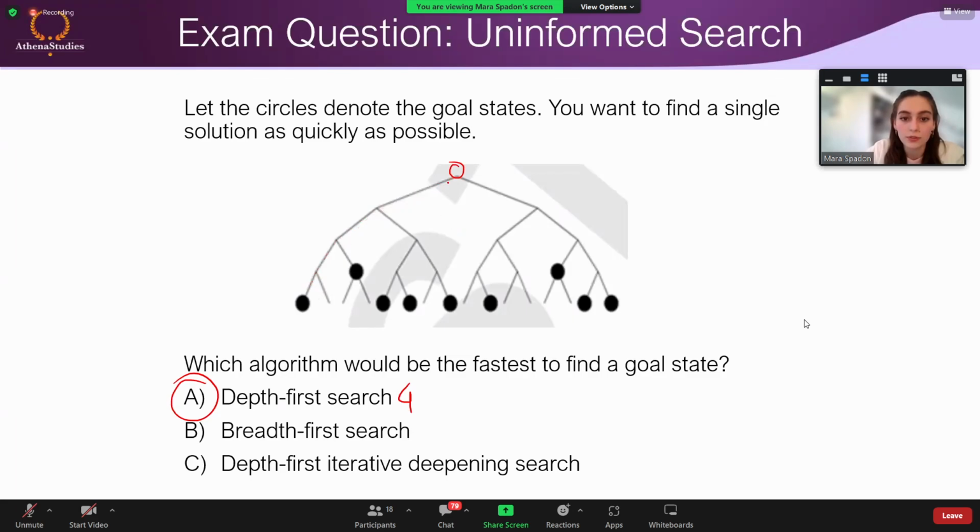Then I try breadth first, so we go left to right, remember? 1, 2, 3, 4, 5, 6, 7, 8, before I find my first goal. So breadth first search takes 8 steps. And then of course, depth first iterative deepening takes a lot more because you do 1, 1, 2, 3, 1, 2, 3, 4. So that one takes a lot more. So the answer is indeed depth first search.